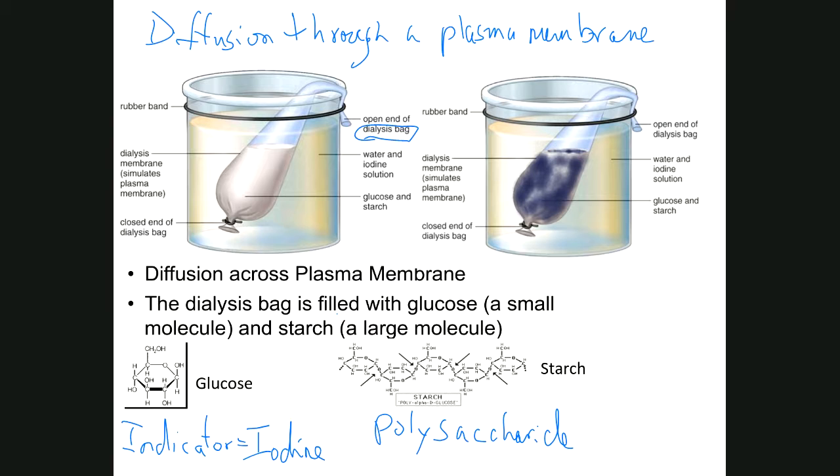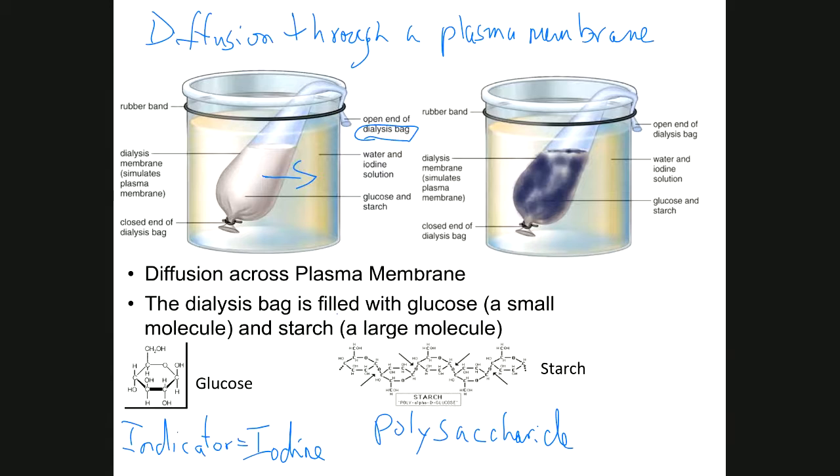So if the starch were able to leave the bag, it would fill the cup, and then all of a sudden the color of the cup would be black blue, black purple, because the starch would interact with the iodine in this beaker.